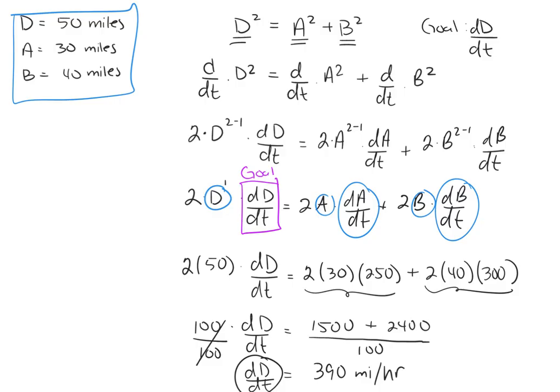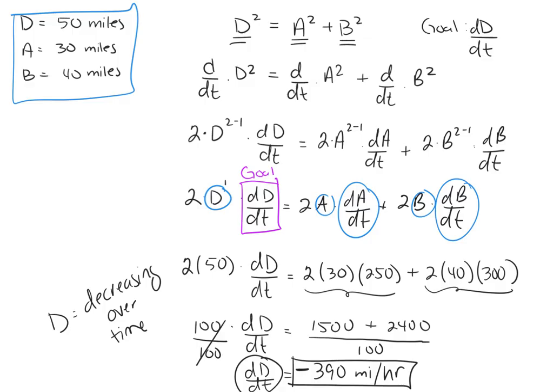And since distance is decreasing over time, because the two airplanes are getting closer to the airport, that distance D is decreasing. We've got to make sure we stick that negative sign there. Okay, so if you leave your answer like this, it's very important that you have the negative sign.